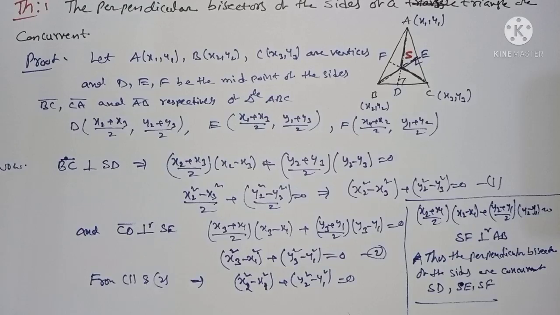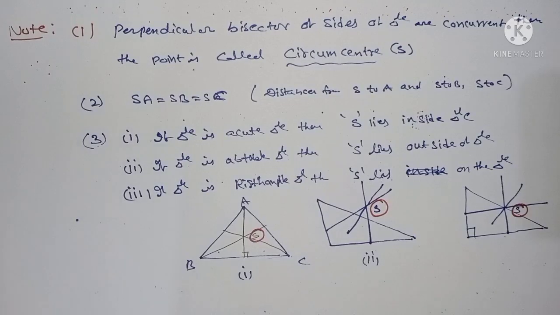Note on how to find the circumcenter. Note 1: the perpendicular bisectors of the sides of the triangle are concurrent. Perpendicular bisector means it passes through the midpoint, that is bisector, and perpendicular means 90 degrees, and the point is called the circumcenter.